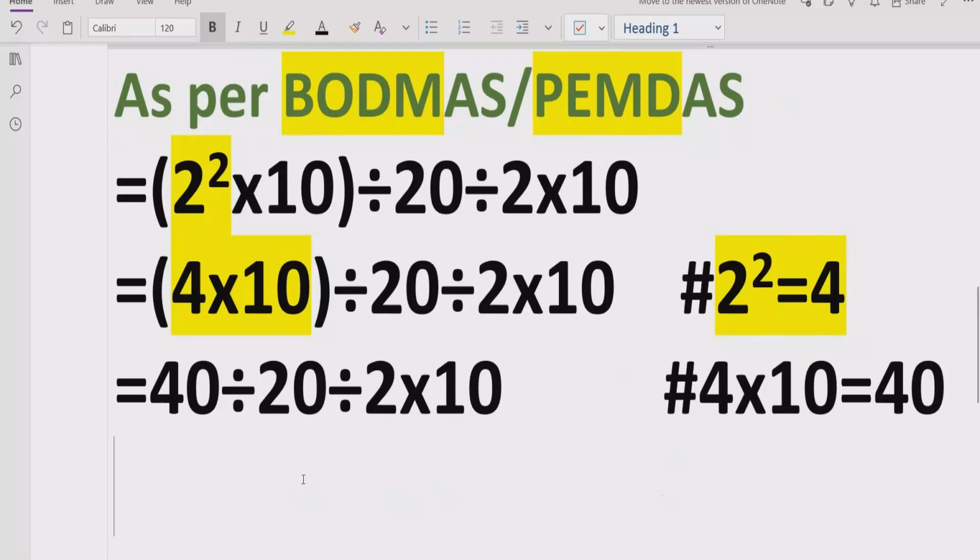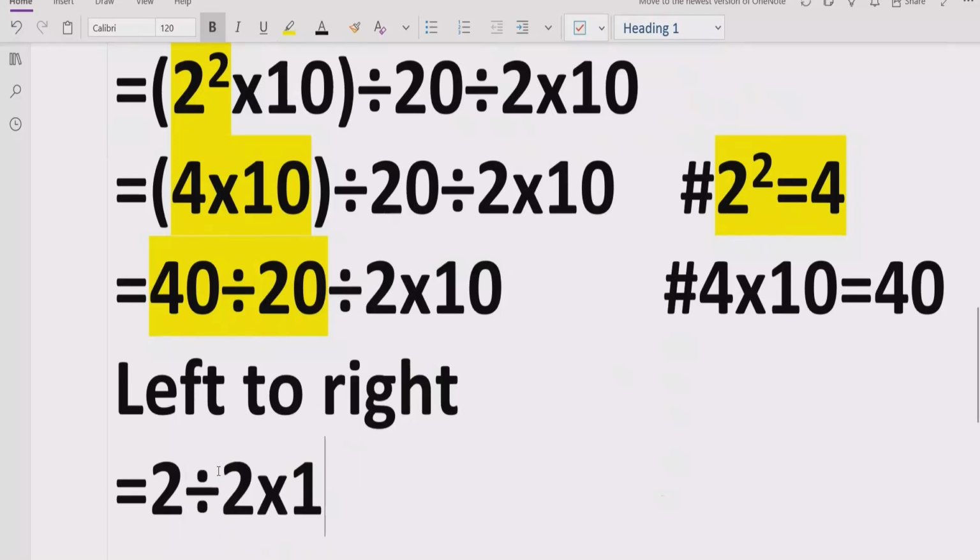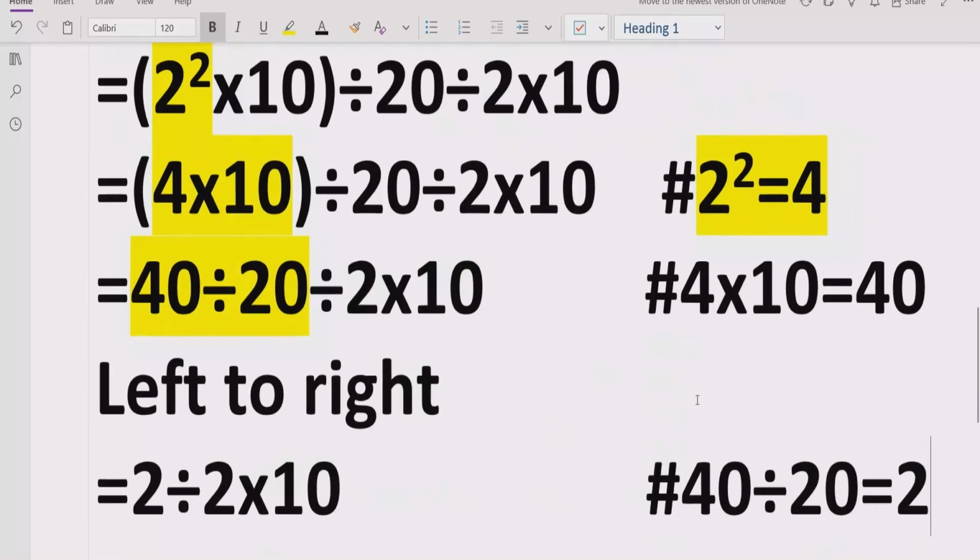We have to go left to right in this expression and find out which is coming first. So in this expression, we have 40 divided by 20, which is equal to 2. And again, we write divided by 2 multiplied by 10 as it is.